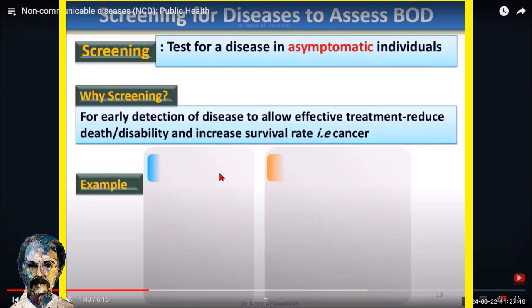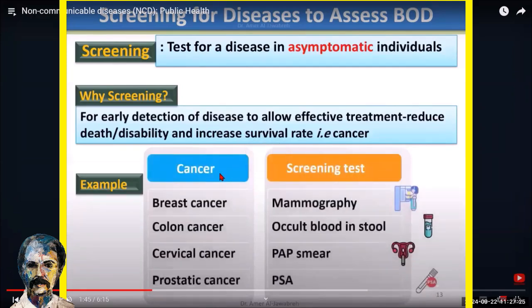Okay, so examples of these tests, we have very common examples which are practiced in our medicine in general. Breast cancer, we go for mammography. That's for screening. Very quick, not very invasive. Also, some ladies say it's invasive, but not very much compared to the other tests. Colon cancer, occult blood. You know what occult means?